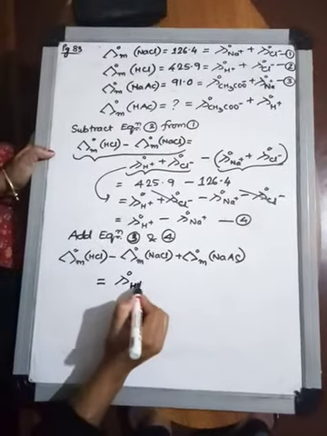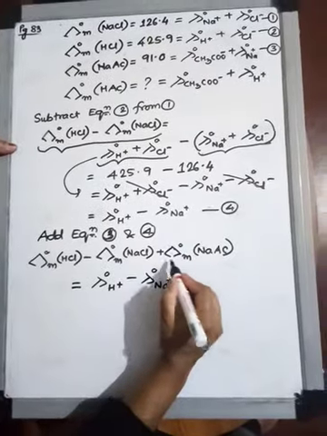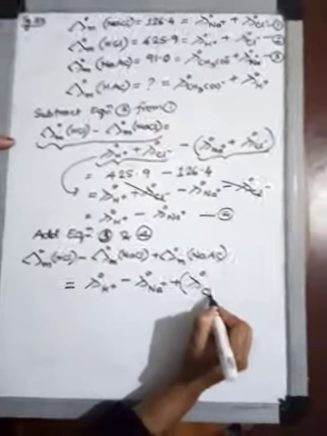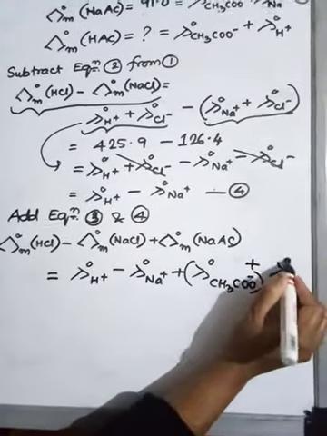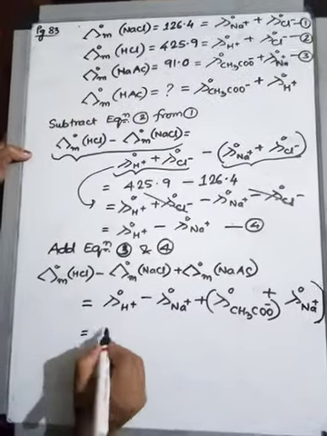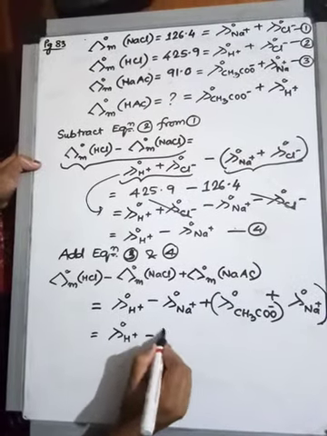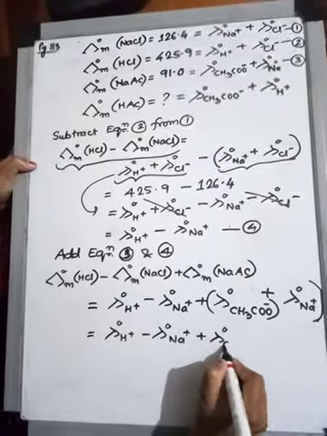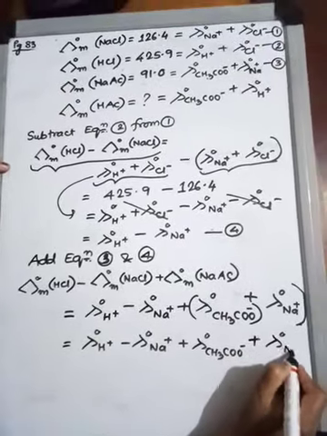Lambda 0 H plus minus lambda 0 Na plus. But what do we have for this portion from here? From here we are having lambda 0 CH3COO minus plus lambda 0 Na plus. So this is what we are having. So now let us lift the bracket. Lambda 0 H plus minus lambda 0 Na plus lambda 0 CH3COO minus plus lambda 0 Na plus.